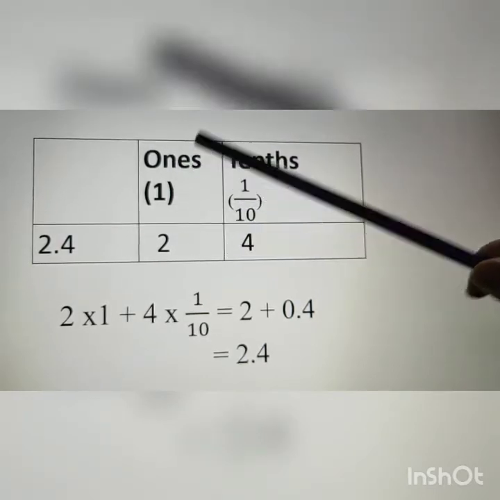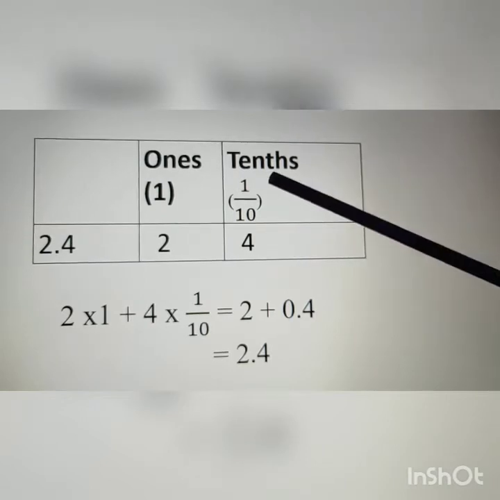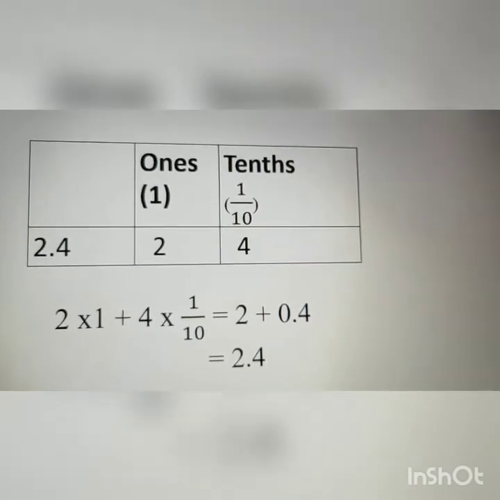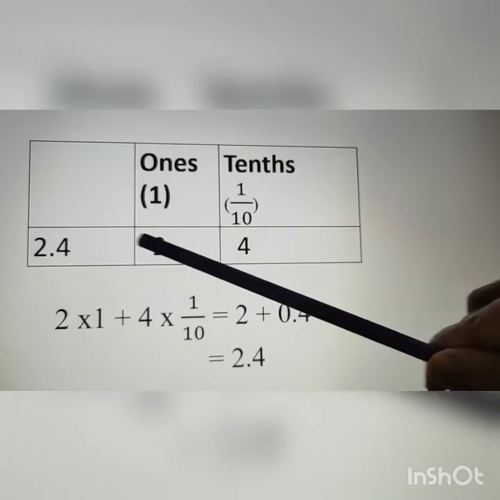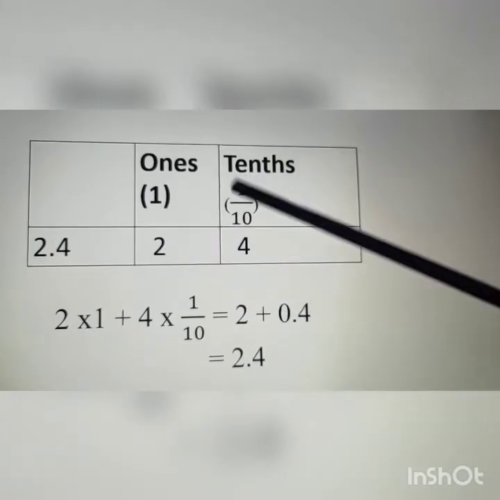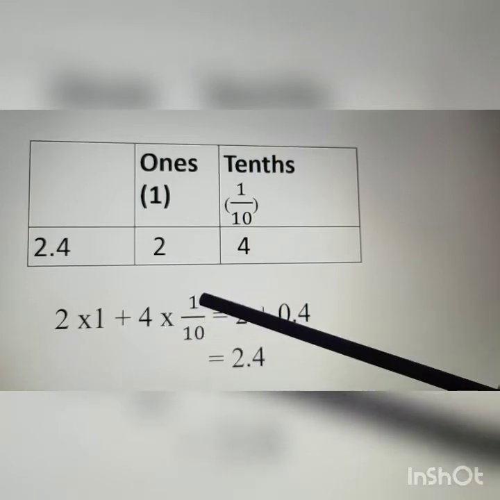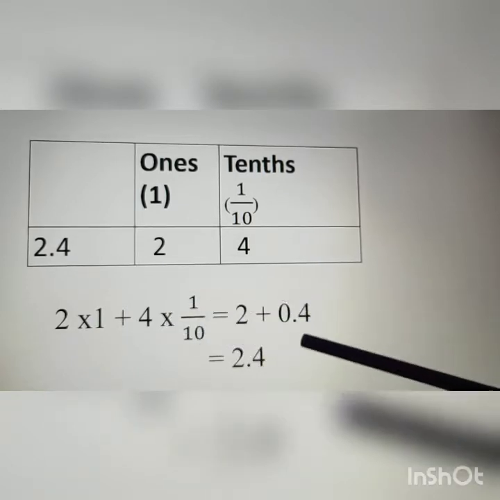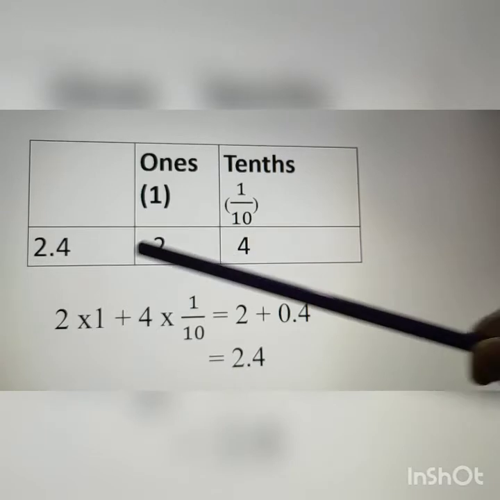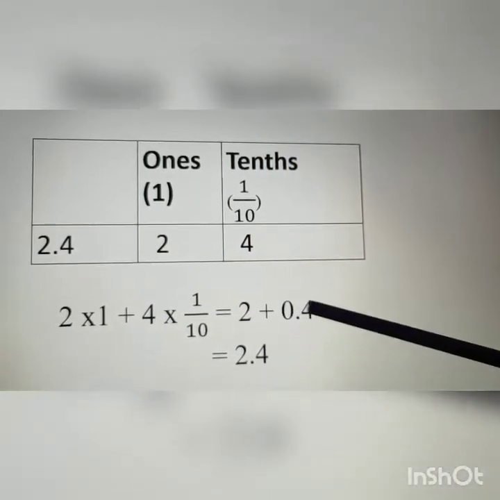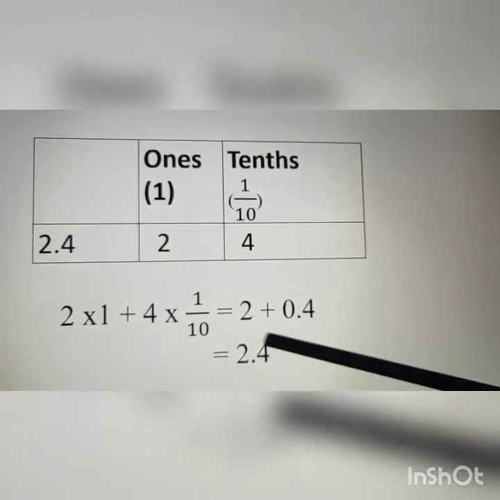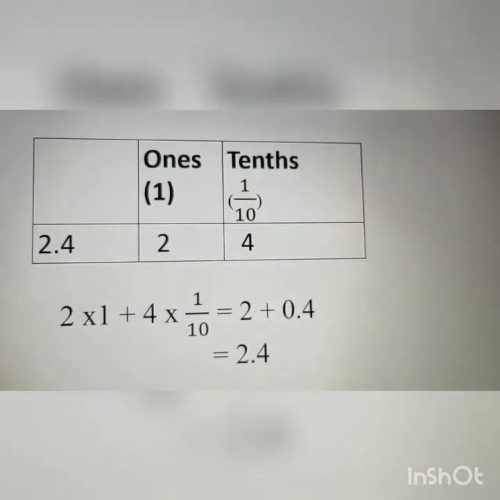So 2 ones and 4 tenths. So we can write it as 2 into 1 plus 4 into 1 upon 10. 4 into 1 upon 10 is 4 upon 10, that we can write as 0.4. So 2 plus 0.4 is equal to 2.4.